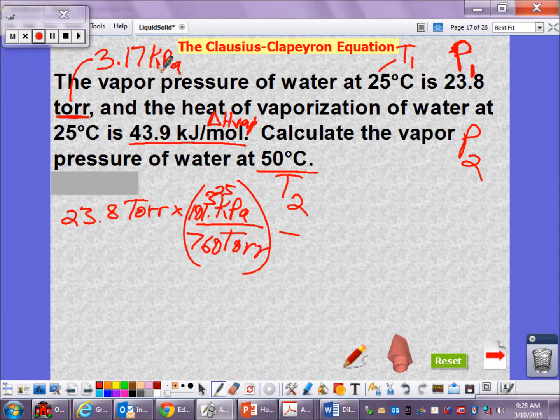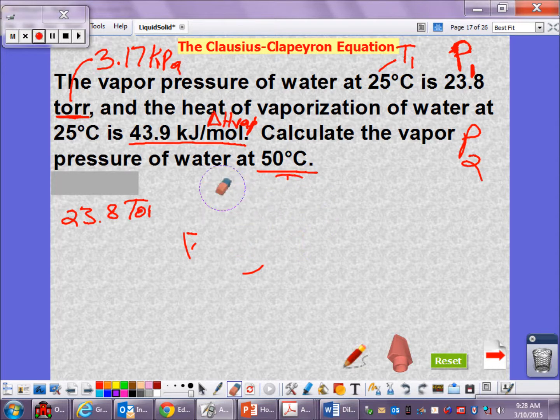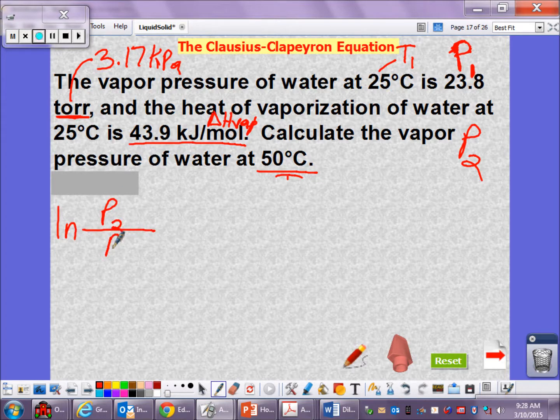Okay, kilopascal. Let me create some space here. Now let's just apply the formula. The formula says natural log of P2 over P1 equals delta H over R times 1 over T1 minus 1 over T2.